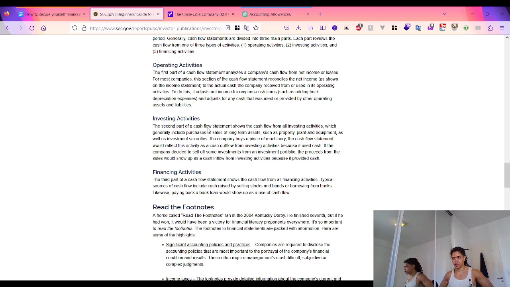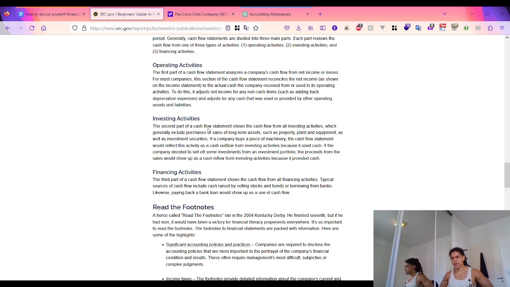An example of this is property, plant, and equipment. Equipment like my laptop, my keyboard, my mouse, my mobile, that might be part of that.